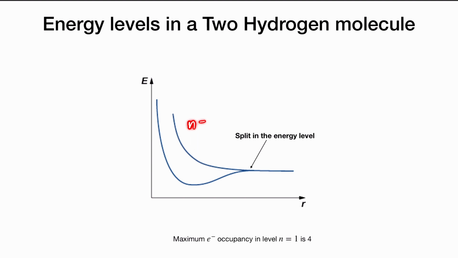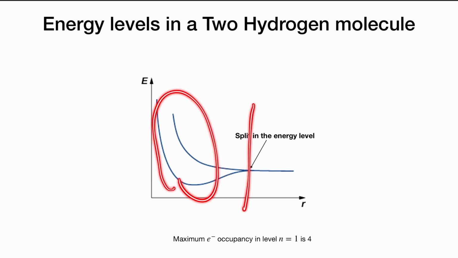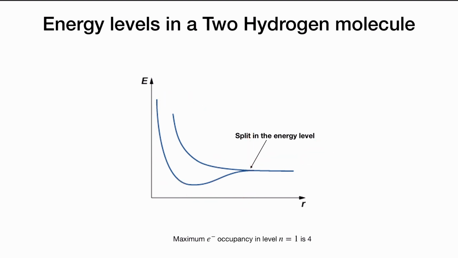They correspond to the first energy orbit. But this is no longer of the atom, but this is for the molecule. It's quite important that this region here corresponds to a molecule. This side corresponds to a single atom.